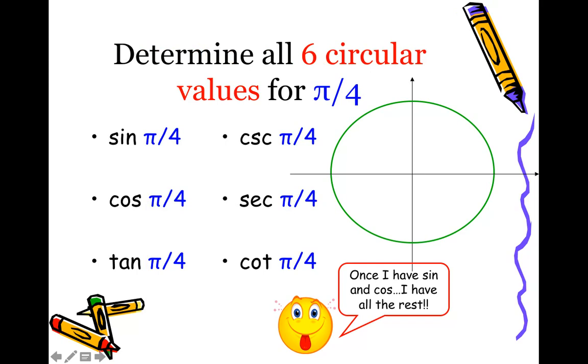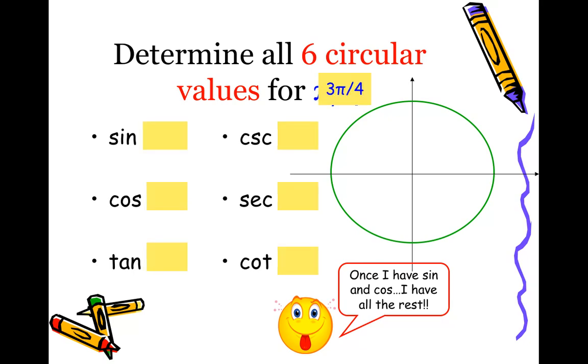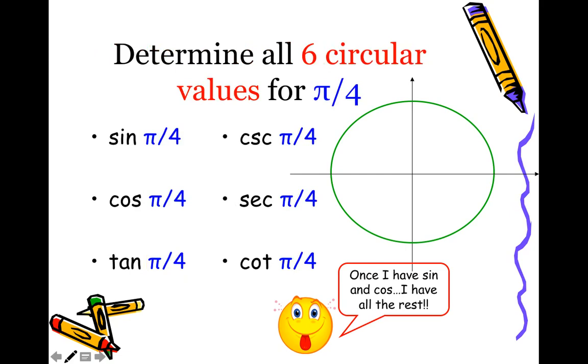What if we changed it to radians, and we're looking at these circular values? Pi over 4. Where's pi over 4? There we go. Pi over 4 means that you're looking at a quarter of the semicircle, so that's right here.